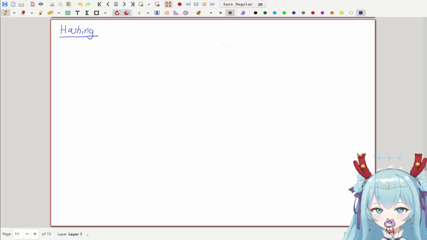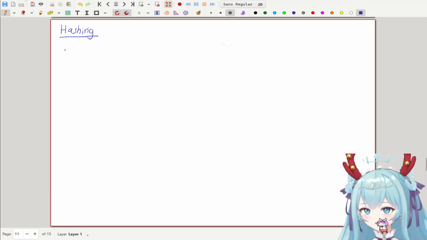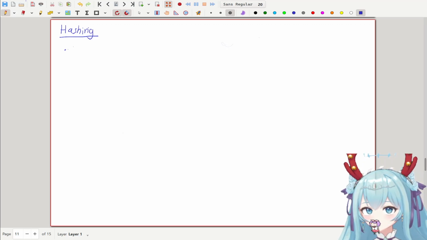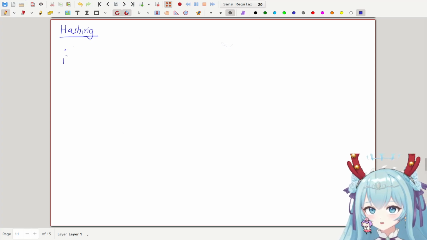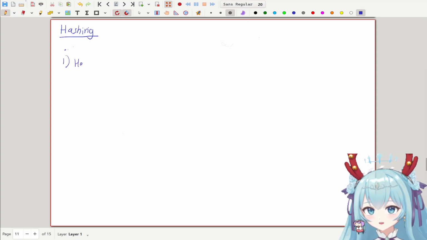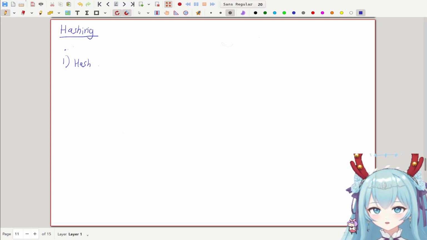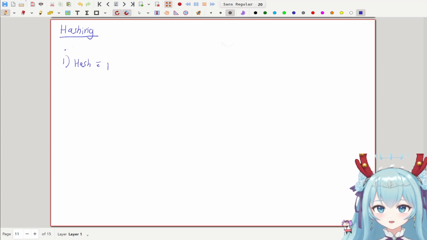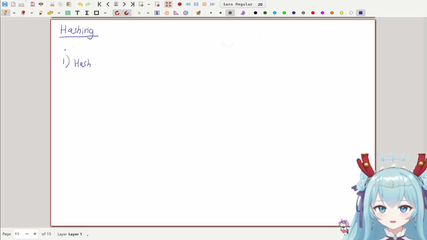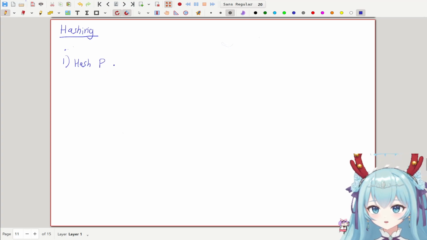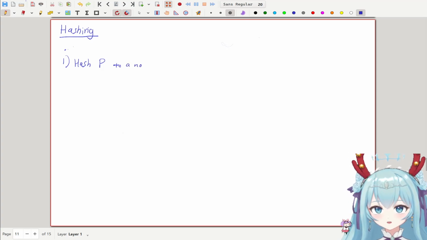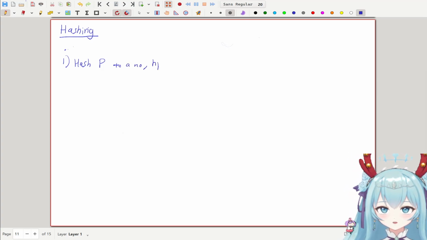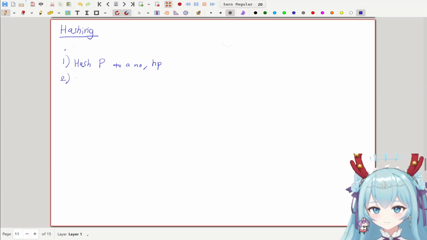So basically, what we do is hash the pattern to a number. Instead of p, it will be hp. So this is the hash value for p.